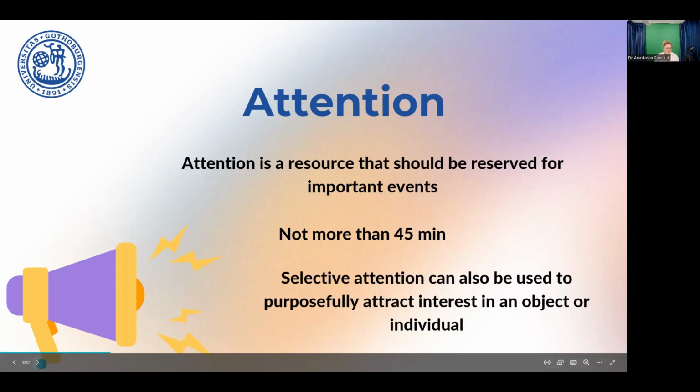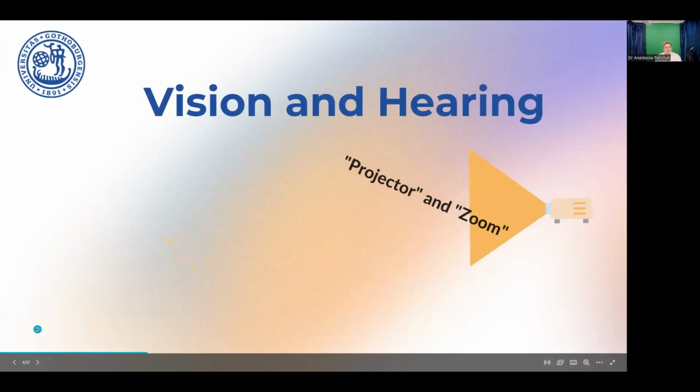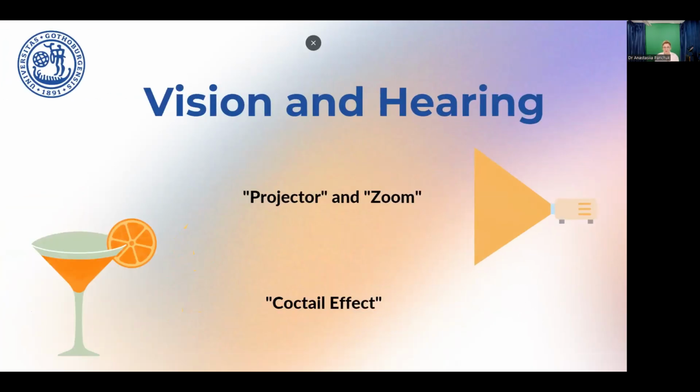So how does selective attention work? Vision and hearing, how do they work? Our vision works like a projector. We can focus on interesting information, on an interesting picture, or on something that attracts our attention.